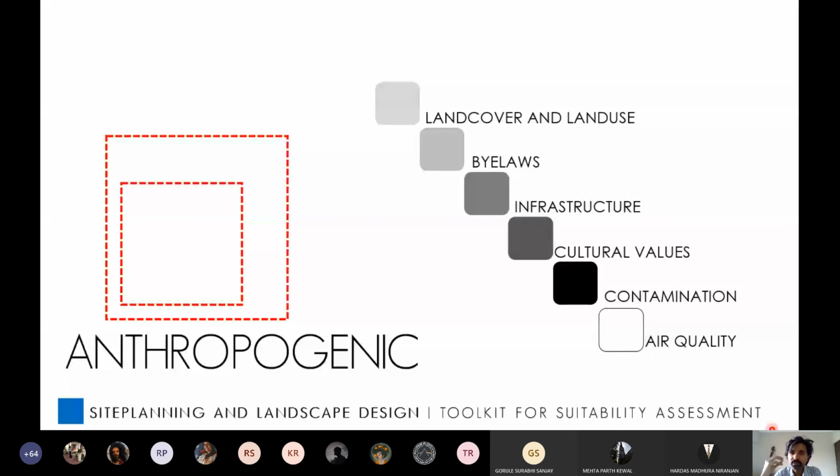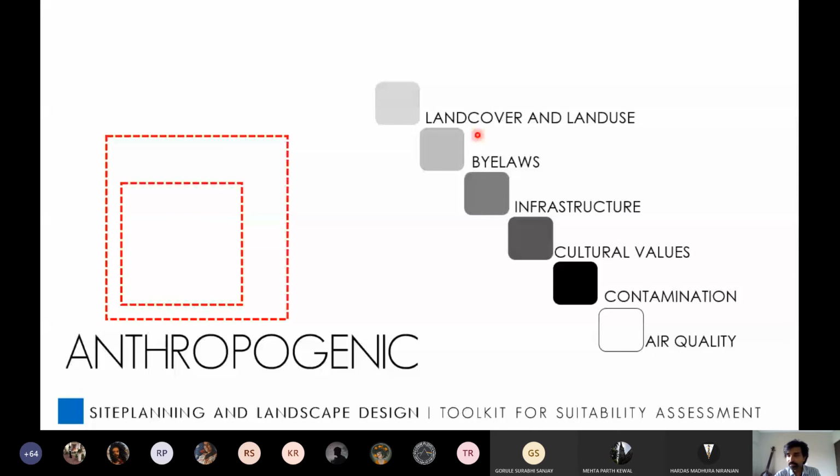Land use means a human-made distinction as to whether this particular part of that plot, or city, or your site, is meant for commercial, residential, mixed use, or industrial use. That essentially is land use. Never get confused between these. I find a lot of professionals also getting confused between land cover and land use. Then there are bylaws set by us humans, which also need to be responded to.